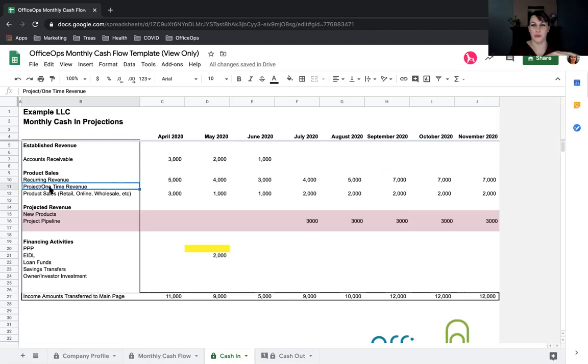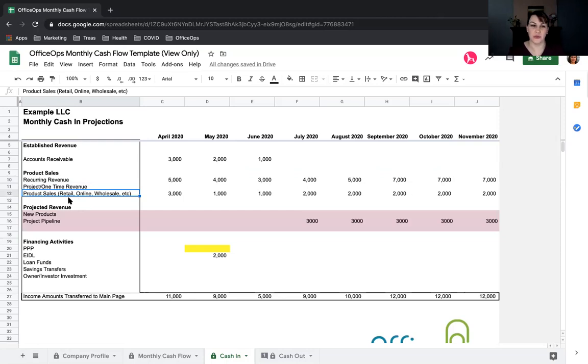If you only have 3 projects, I would put each project here and maybe delete some of the other items. I'm just trying to get you to think through what a project would be. Let's say that you're a restaurant, a project might be an event rental, whereas day-to-day sales would be more like product sales.